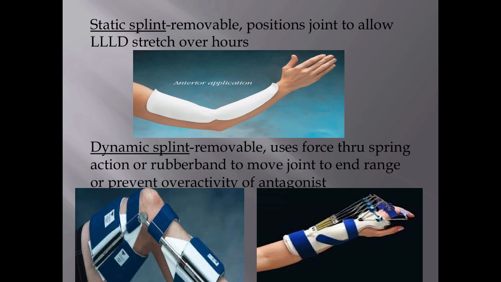Down at the bottom you have two examples of dynamic splints. These are removable. They use a spring, or as an example on the right, rubber bands that provide the resistance, so they're pulling the fingers up into extension. With the wrist there, this is likely a radial nerve injury in which they've lost the use of the extensors of their fingers and their wrists.